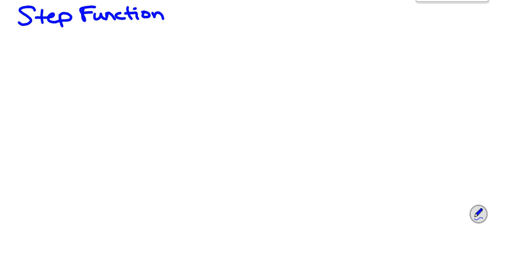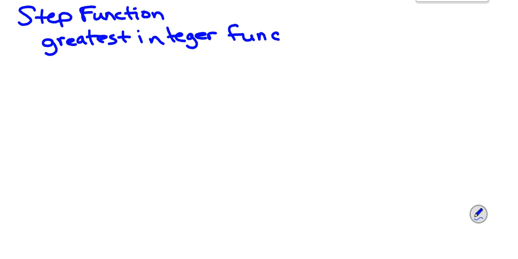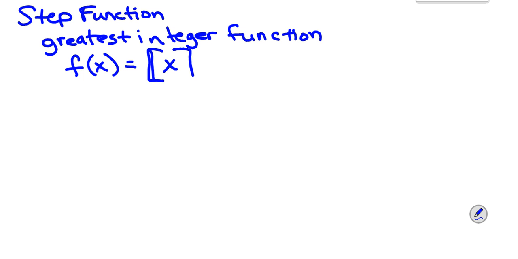Never mind. And the basic step function is the greatest integer function. A lot of times that's unfamiliar to us, and it is f of x equals, and the best way I can explain it is by drawing this little x with a bracket with a double bar, which is the way I like to write it.